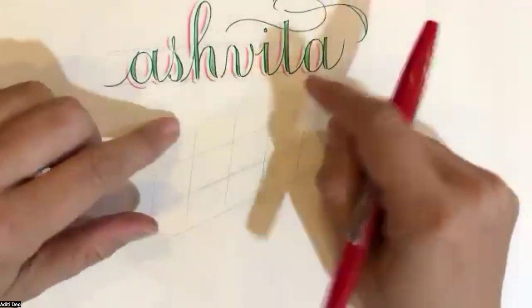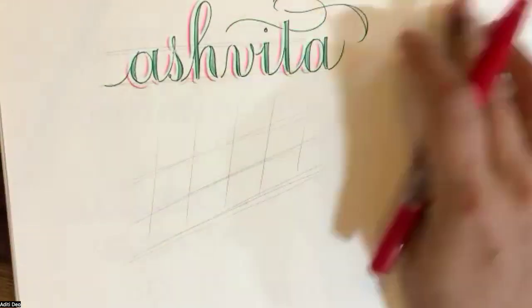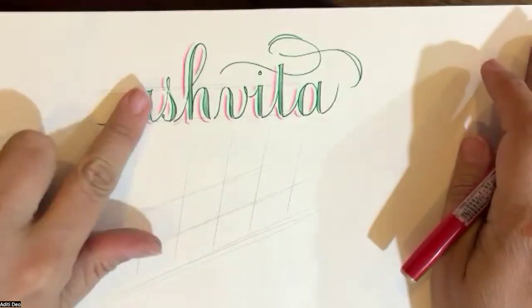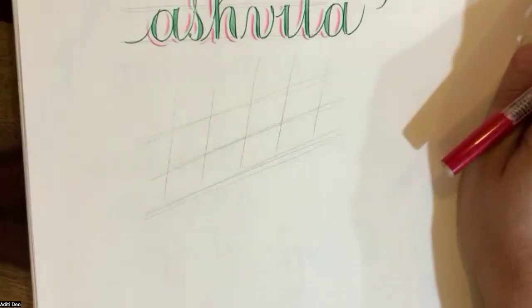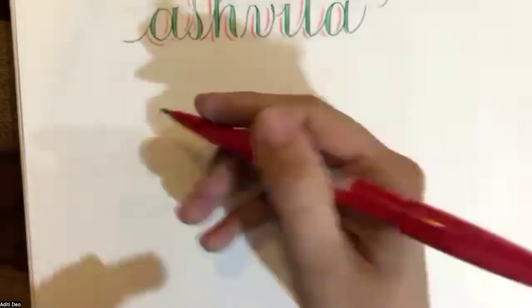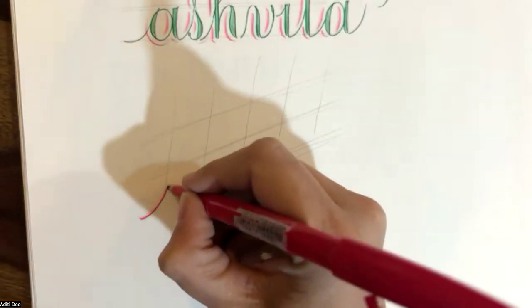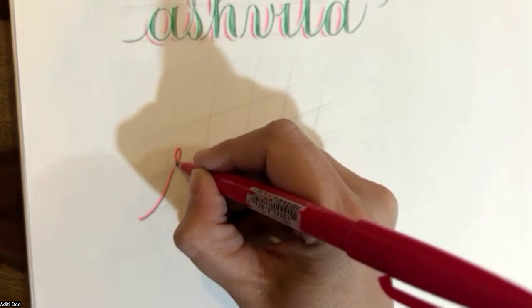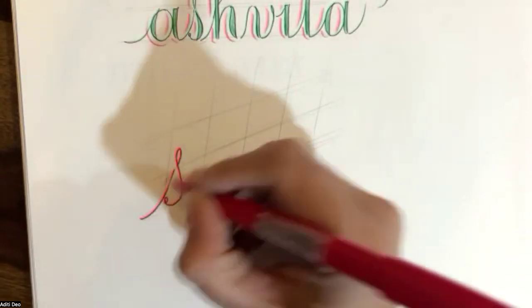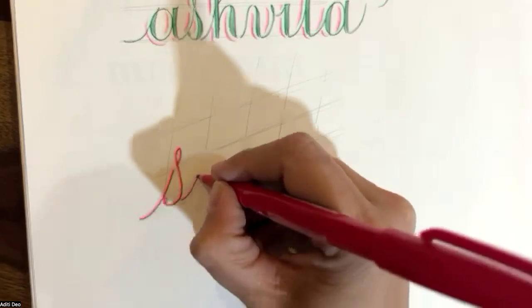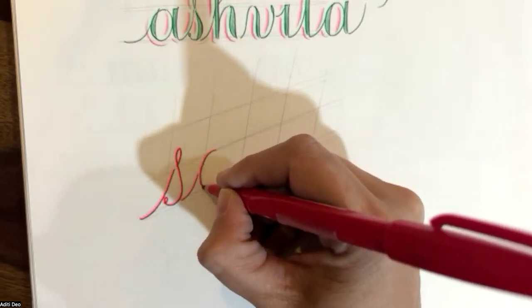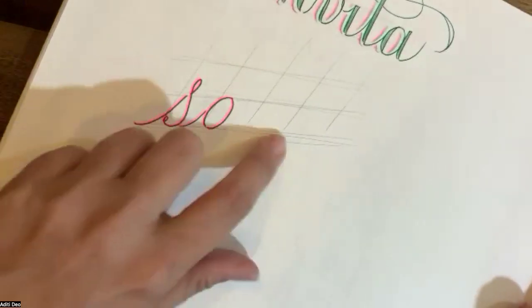So the principle for changing the angle of the letters is tilting the oval shape. So for that, everything starts moving a little to the side. Our oval shape on the horizontal line becomes like this.